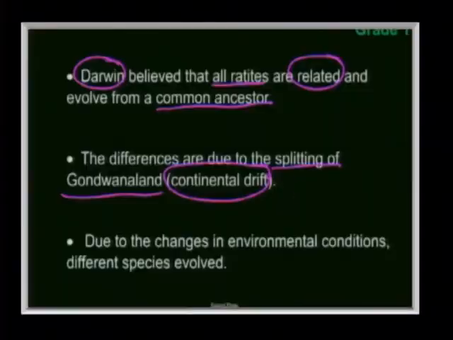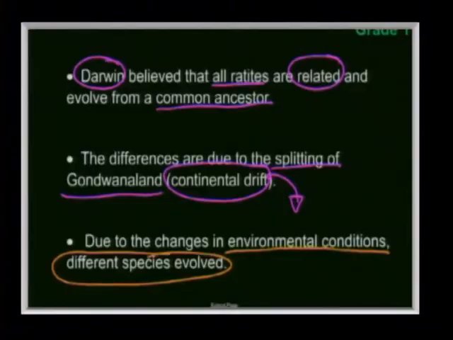So there was a splitting of these land masses, and the splitting of the land masses then led to a change in environmental conditions. And those changes in environmental conditions then led to different species evolving as they started adapting to the differing environment. Now that we've looked at the content of the theory, let's look at some example questions.